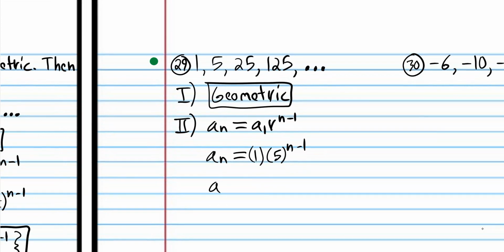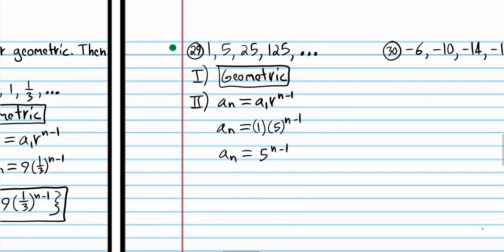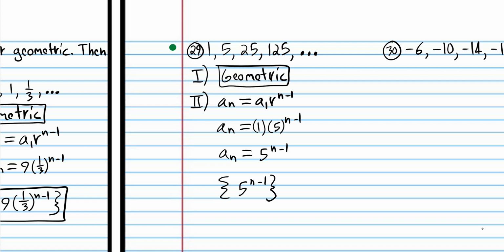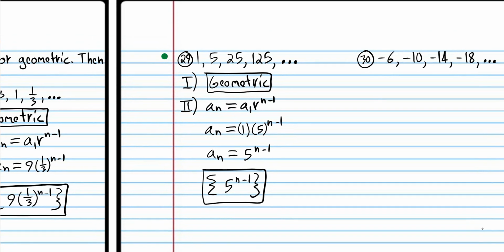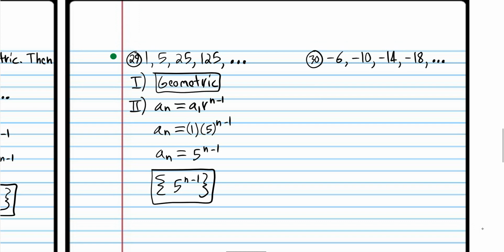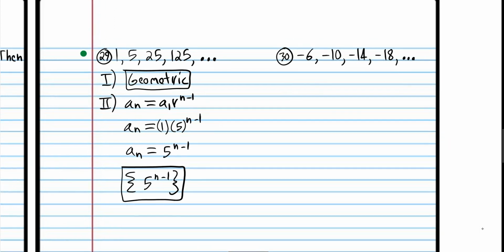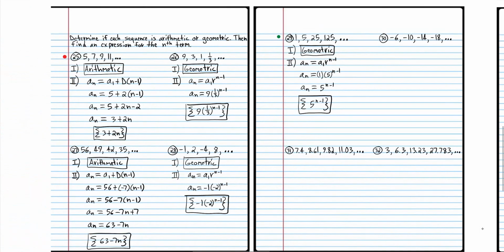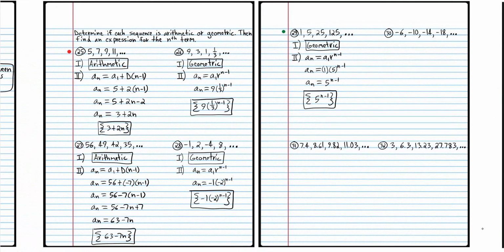And so the nth term is equal to 5 to the n minus 1. And let's write it in braces. And there you go. That's an algebraic expression representing the sequence. So if you got that right, excellent. Go ahead and try number 30. And when you come back, we'll do it together.